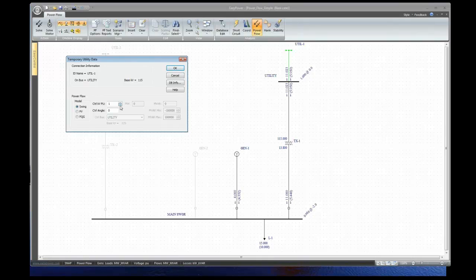At any time they can run from 0.95 to 1.05 indefinitely, and they can change it whenever they want and still be within the ANSI acceptable voltage range. So let's say something's going on and their voltage goes down to 0.97.